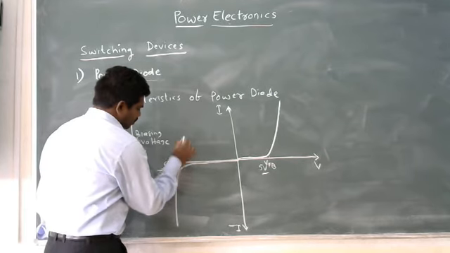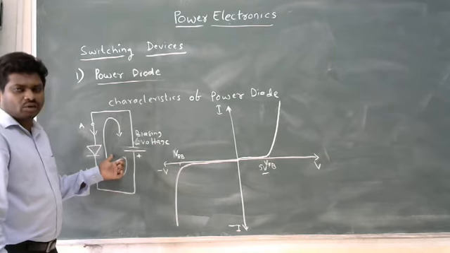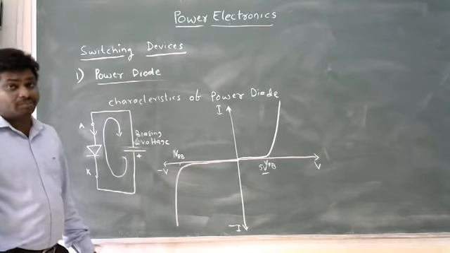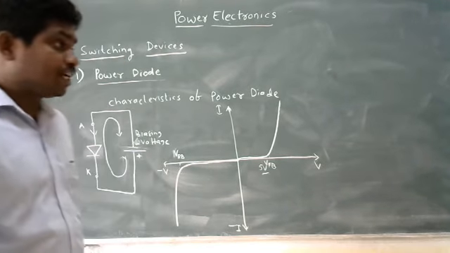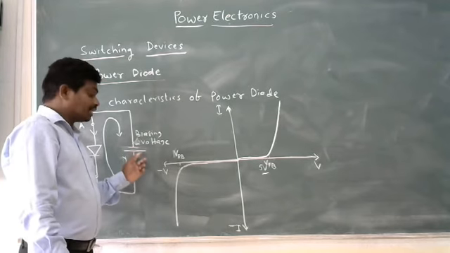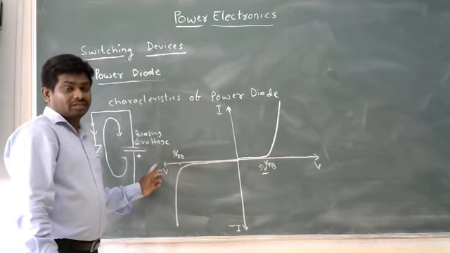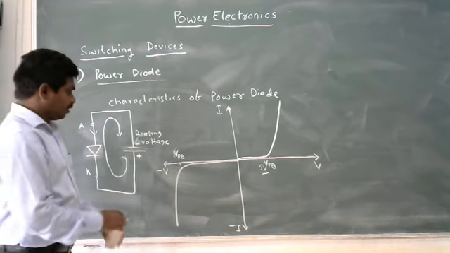Only then does avalanche breakdown exist across the junction. Reverse biasing is very dangerous in the case of diodes. It doesn't allow operation when negative voltage is applied across the device.